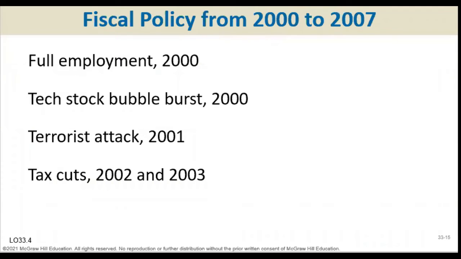During the early 2000s, the economy experienced a brief recession, and Congress responded by passing two different tax cut laws in an effort to stimulate the economy. These tax cuts served to increase the cyclically adjusted budget deficit.